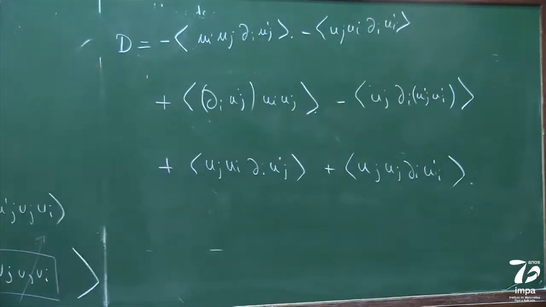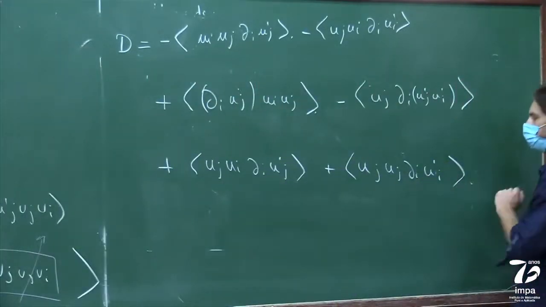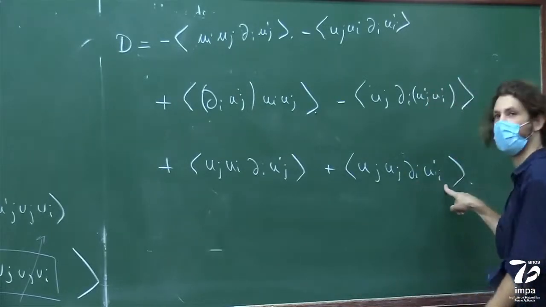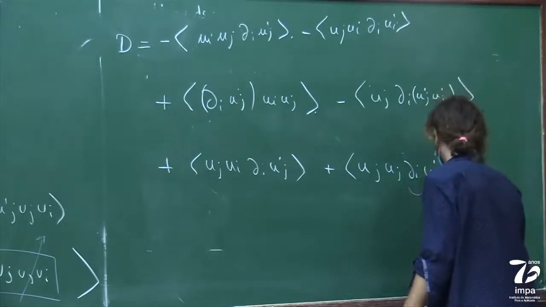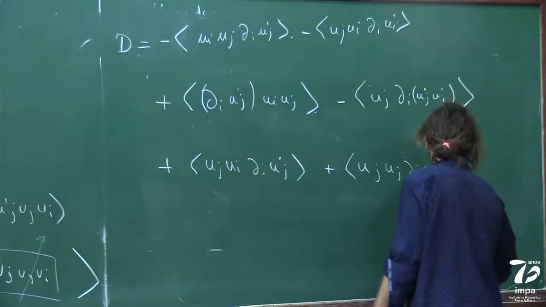So now we'll just investigate the terms. Here we have a di u prime i. This is 0 by incompressibility.